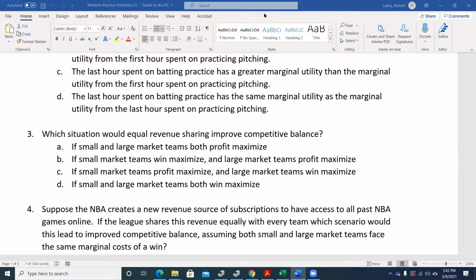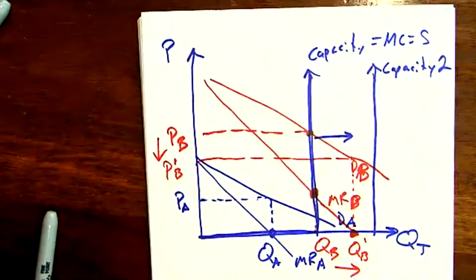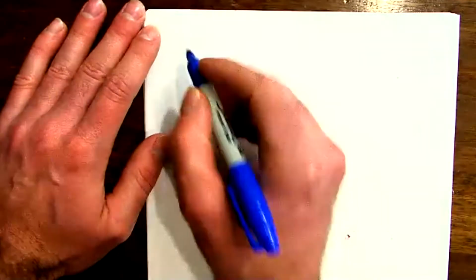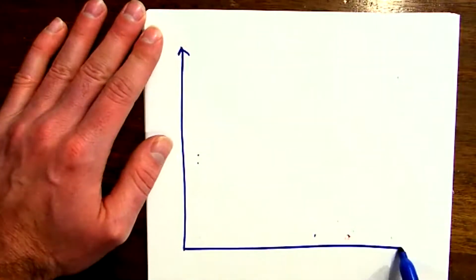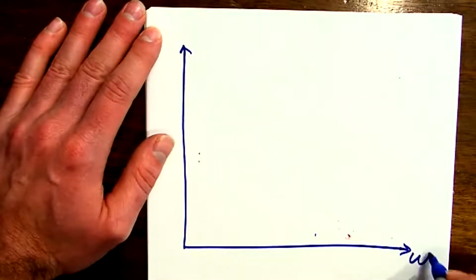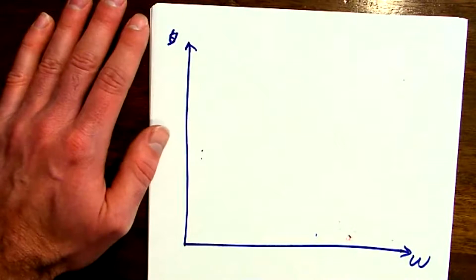So let's think about the market that we're looking at here. Whenever we're talking about revenue sharing, we should be thinking about, we're taking a look at the win market, right? And looking at how that impacts competitive balance. So we've got our number of wins here, dollars as our units on the y-axis.